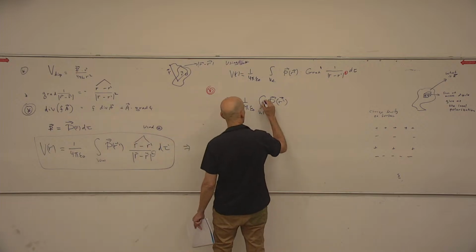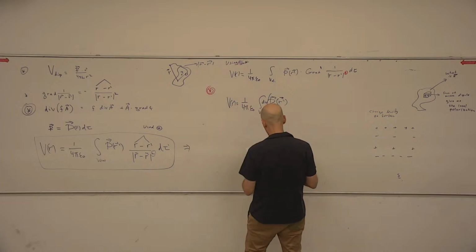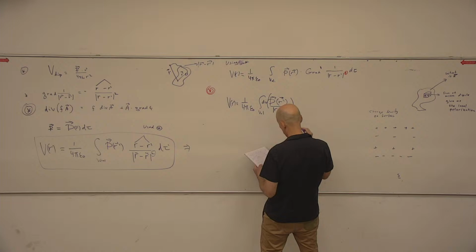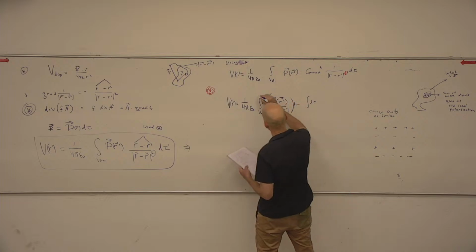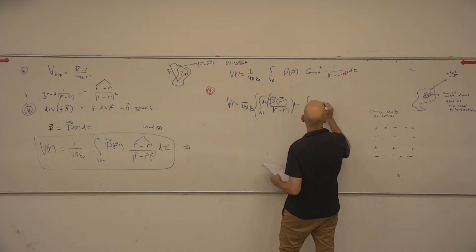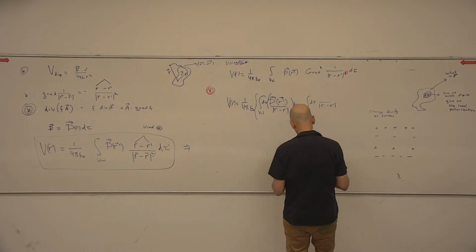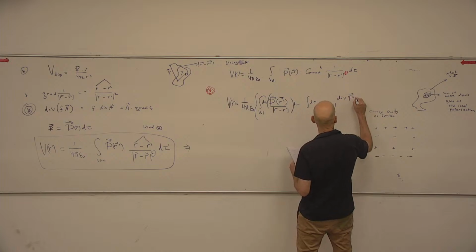So here I have div, sorry for that, of P of r prime divided by |r minus r prime|, a bit messy, minus d tau, here I have 1 over |r minus r prime| div P of r prime.